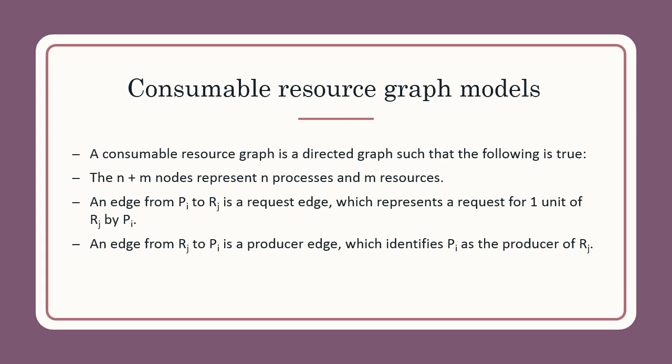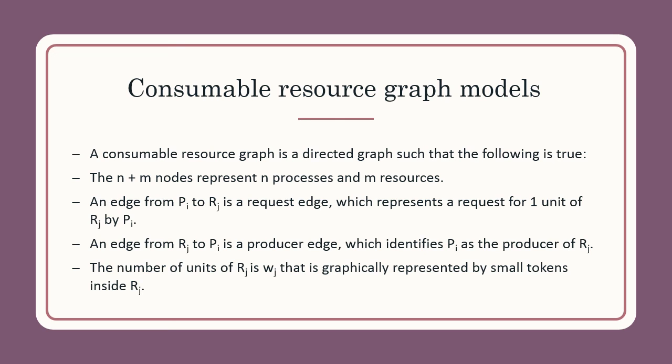An edge from Rj to Pi is a producer edge, which identifies Pi as the producer of Rj. The number of units of Rj is Wj, that is graphically represented by small tokens inside Rj.